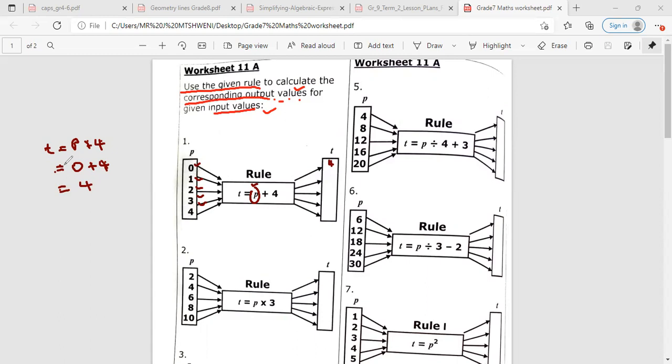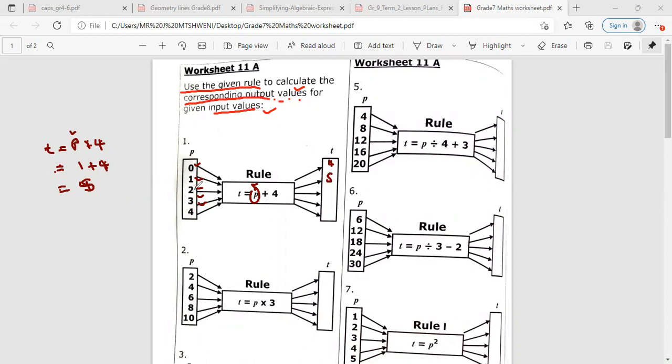So now you have a 1. Wherever there's P, you put in the value that you have been given. Since you're given a 1, 1 plus 4 is going to be 5.